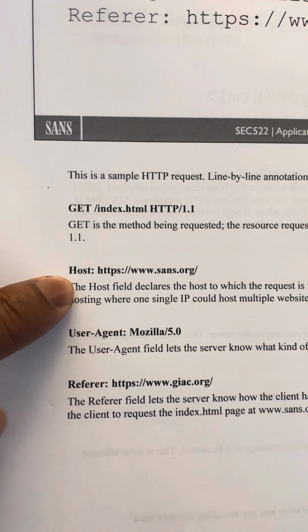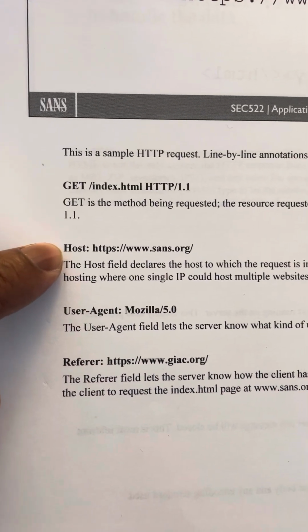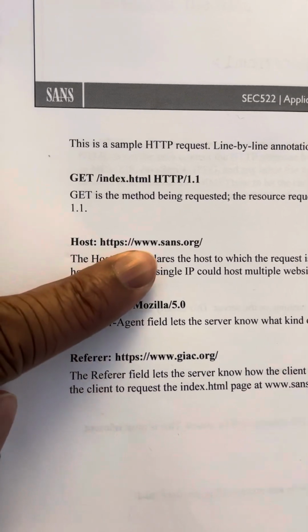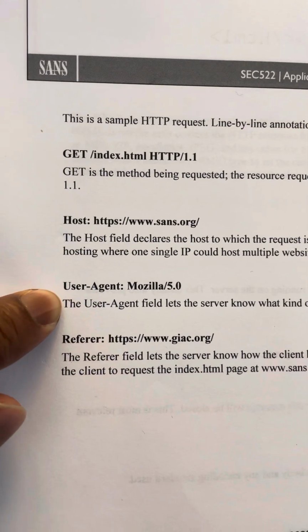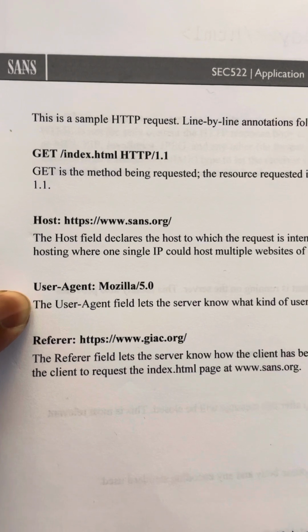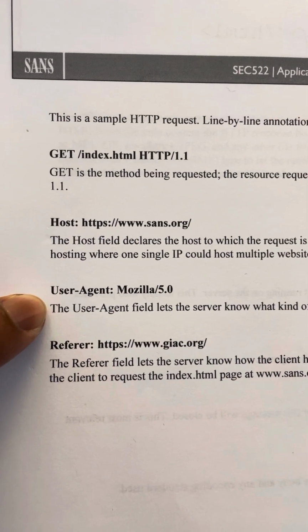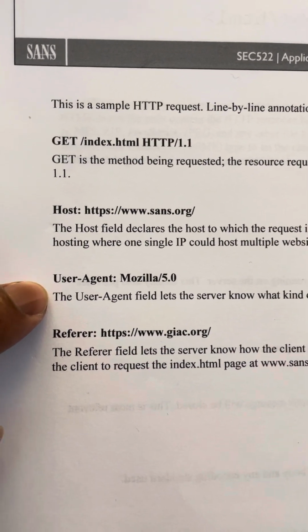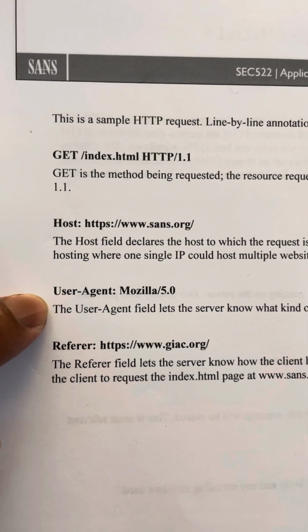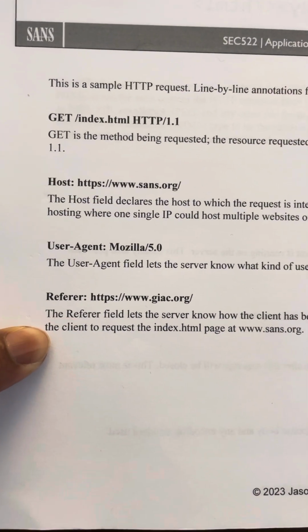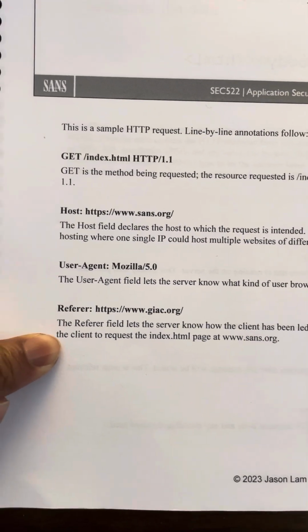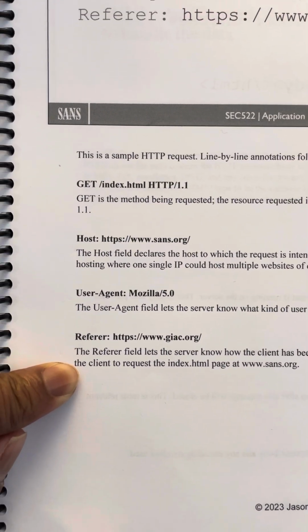You'll see those shortly. There's a host that's being requested. The host page, we're looking for sans.org. The user agent is letting the web server know the type of browser that's being utilized, so the web server knows how to respond. And then you've got the referrer. And that's how HTTP works.